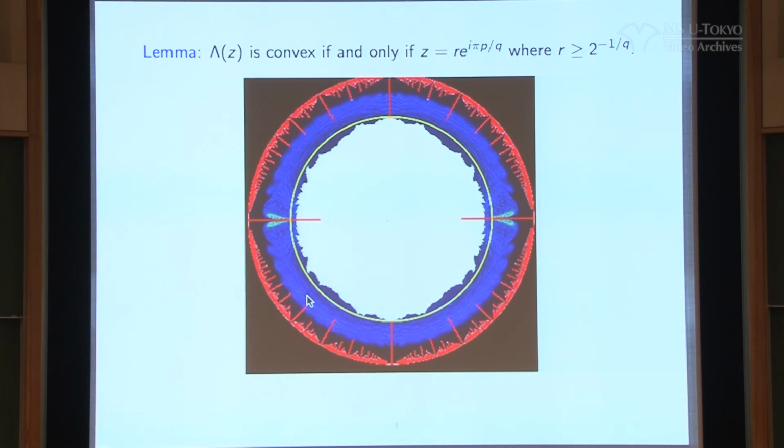It's quite constraining. In order for these limit sets to be convex, it's if and only if the argument has to be rational and the absolute value has to be big enough, close enough to 1, depending on the denominator. So R has to be at least 2 to the minus 1 over Q, where Q is the denominator.